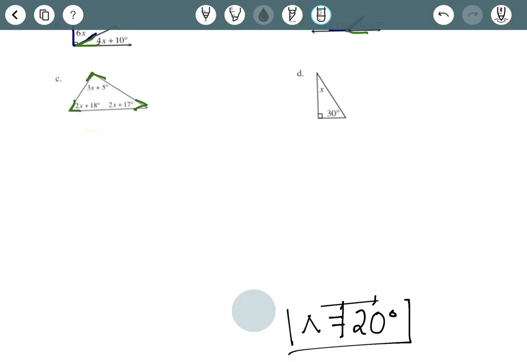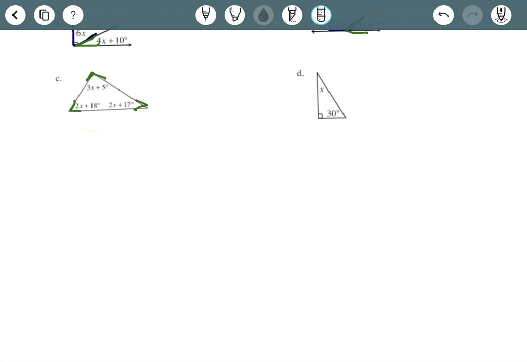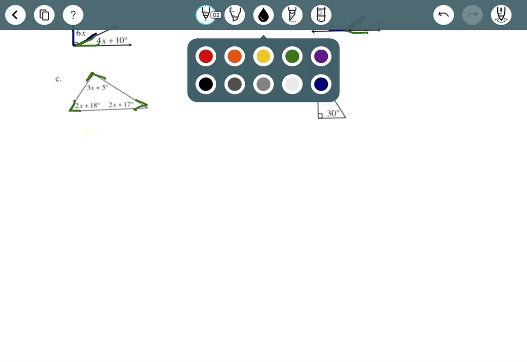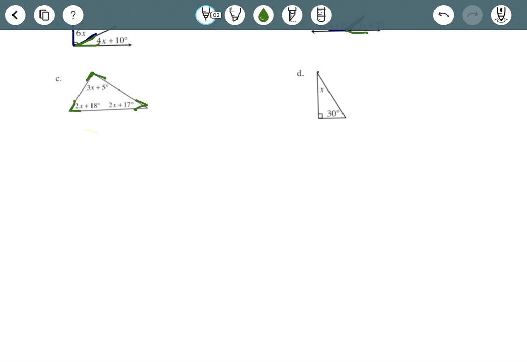All right, for part D, I see that they give me, we have another triangle here. And again, we have another set of 3 angles. So we have a 30-degree angle. We're going to add that to our angle that is x that they give us.